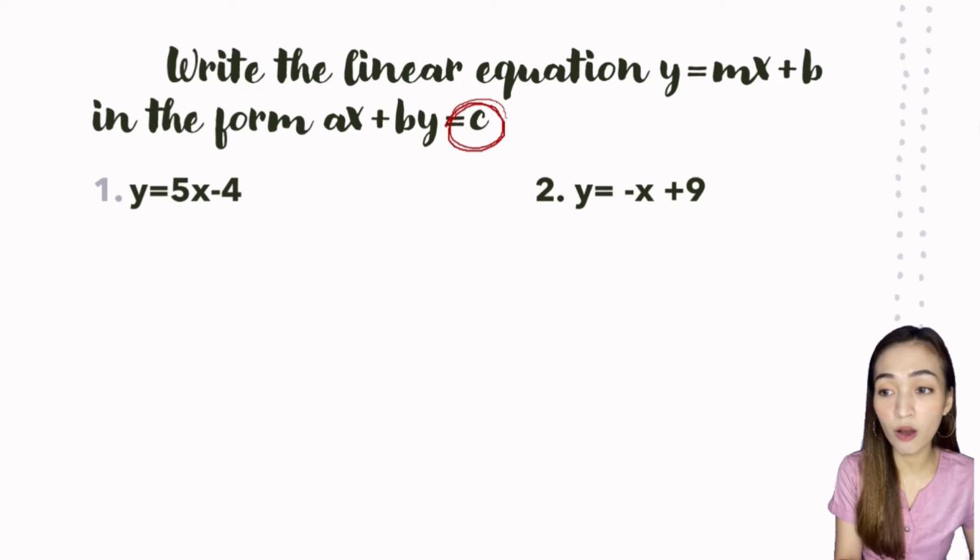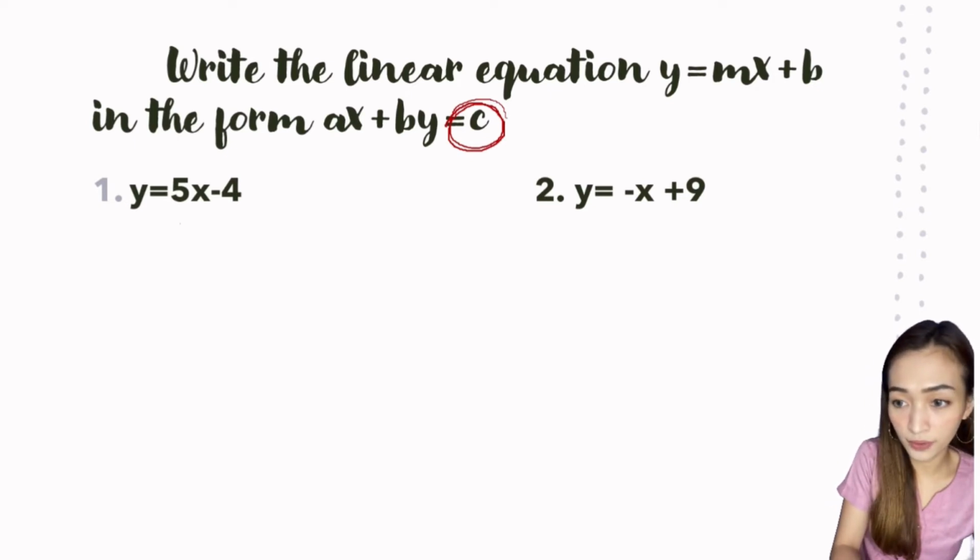So, since our x is in the right-hand side, what we're going to do is add the opposite sign of our x. So, the opposite sign of positive 5x is negative 5x. Okay?